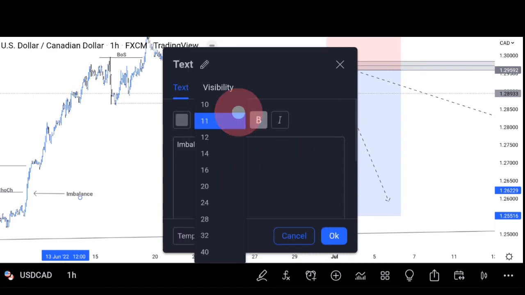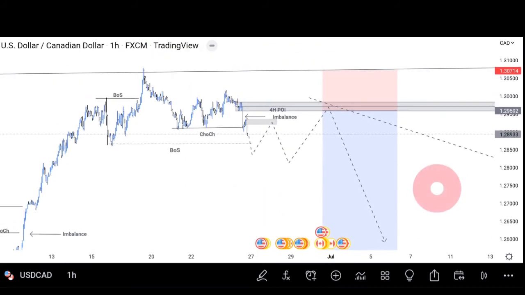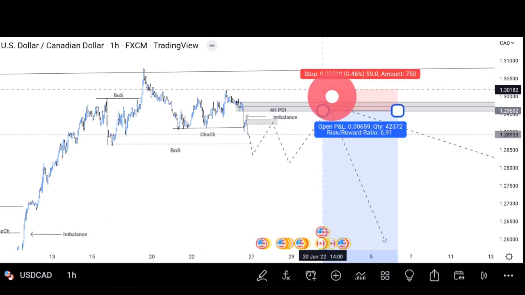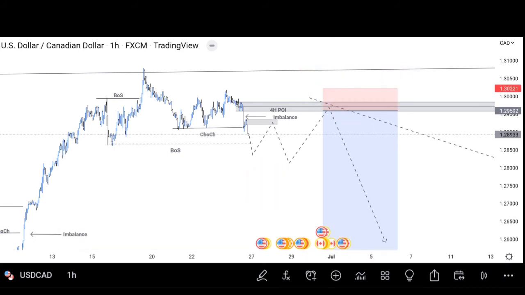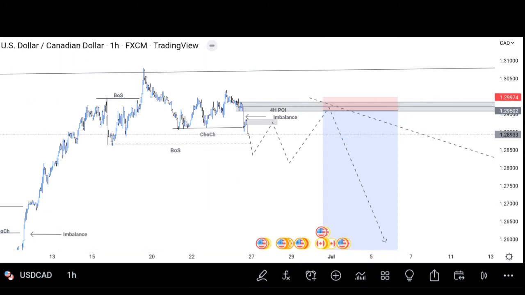So I'll be looking for the price to fill that imbalance, and that's where my take profit will be. Now my stop loss will just be above this lower high, or I can just place it somewhere around here.